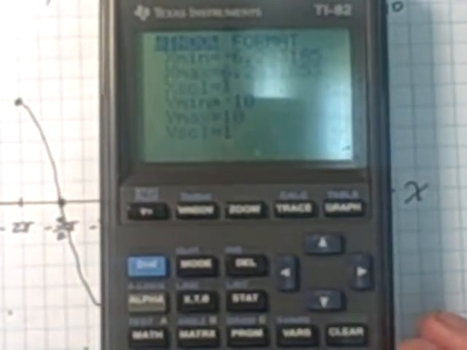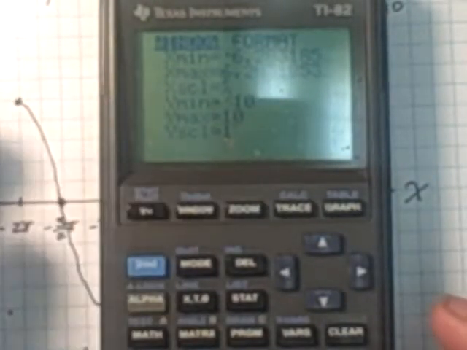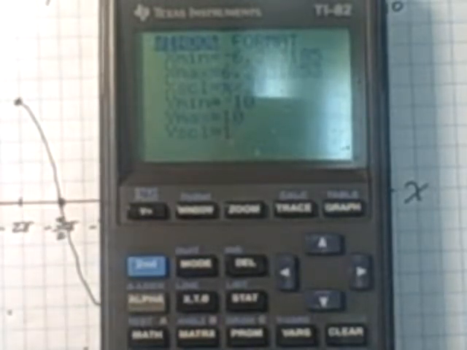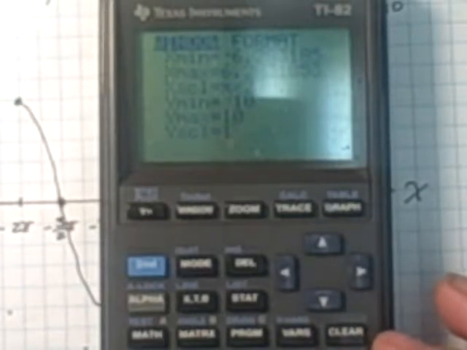Now, the x scale that we want to have is, or sorry, I guess we want to have it in divisions of 90 degrees, don't we? Or pi over 2. So let's change that to pi divided by 2, which would be 90 degrees, or pi over 2 radians. Okay, and then the y minimum and the y maximum.